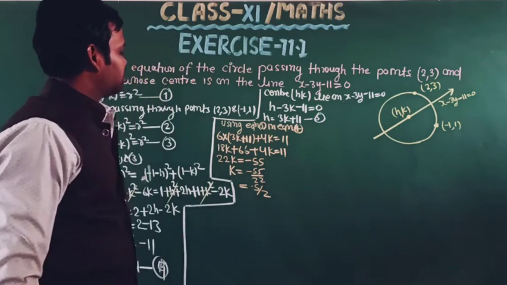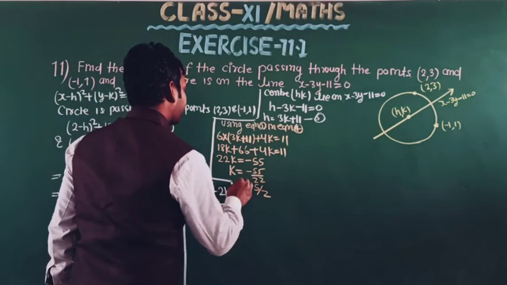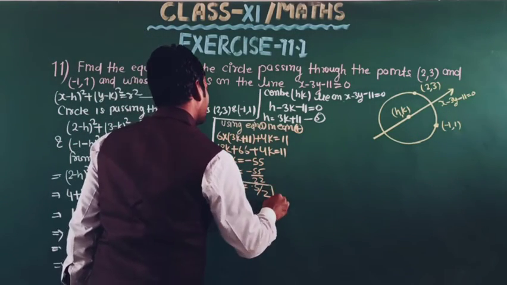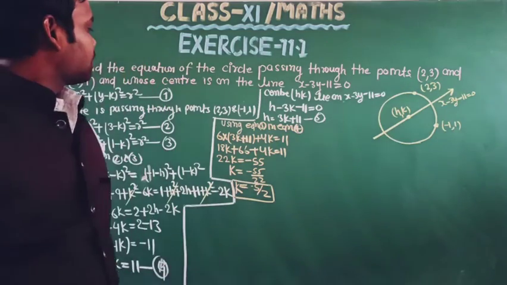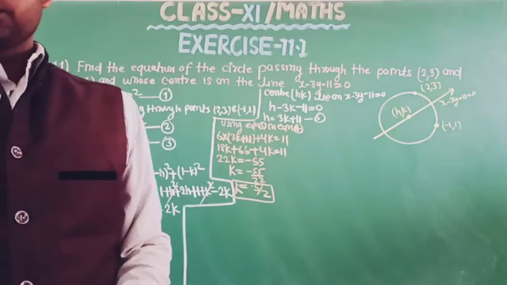Okay, the value of k we have to find is k equals minus 5 by 2.